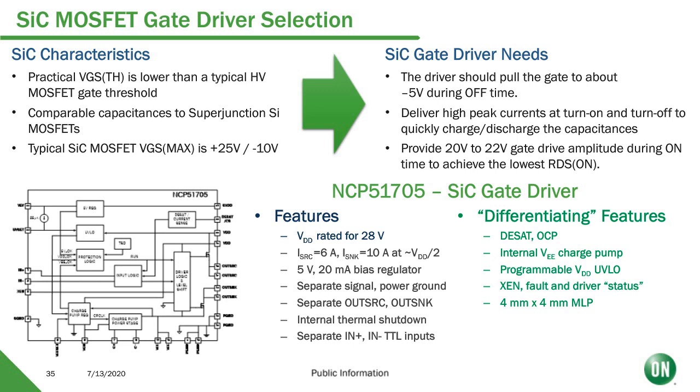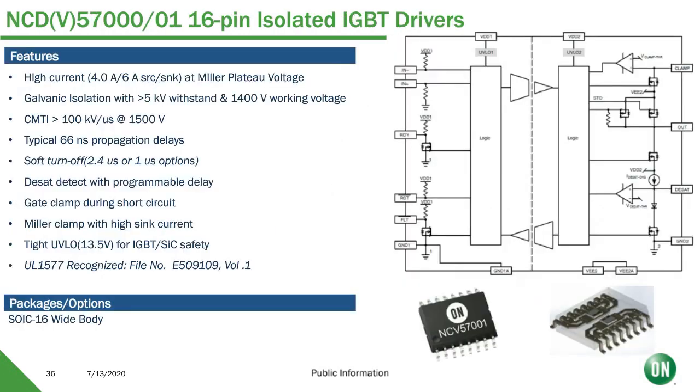And then lastly, as that device is not isolated, there is some need to have isolated drivers, and we have isolated IGBT gate drivers. What we have found and what we have tested is that this NCD57000 series of devices can be used to safely drive silicon carbide as well.